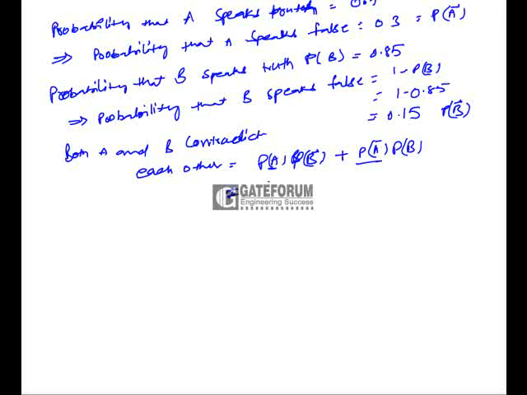So here P of A is 0.7 into P of B bar is 0.15, plus P of B is 0.85 into P of A bar is 0.3. If we simplify this, we will be getting 0.36. Here the question is the percentage of cases to contradict each other in stating the same fact.